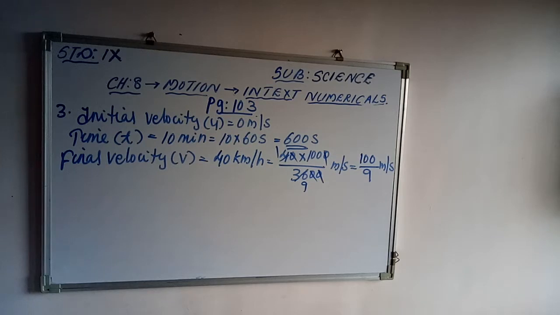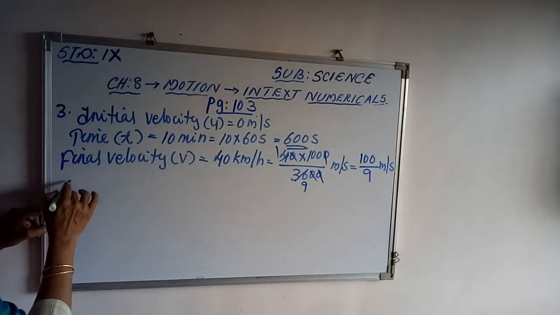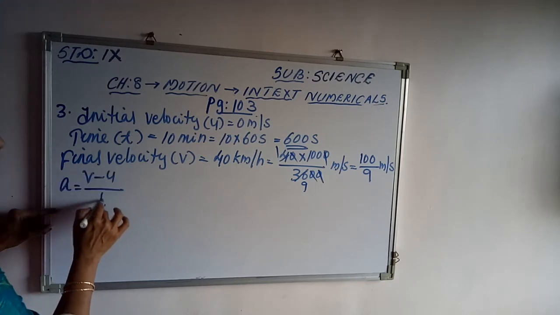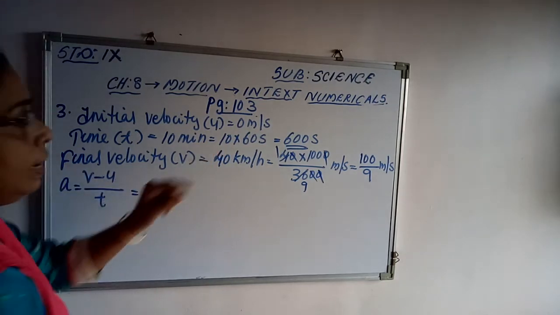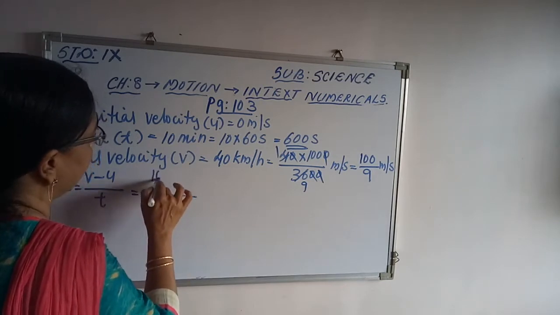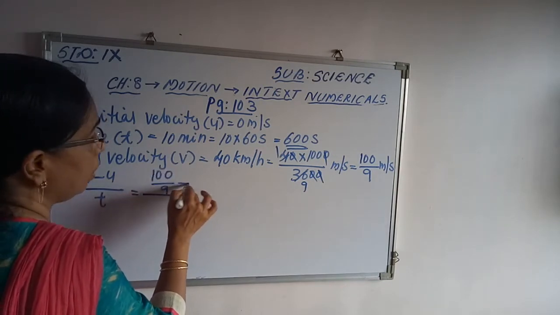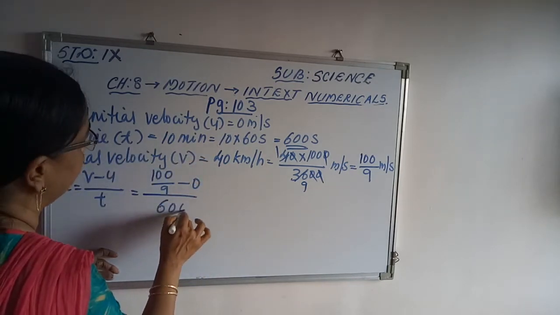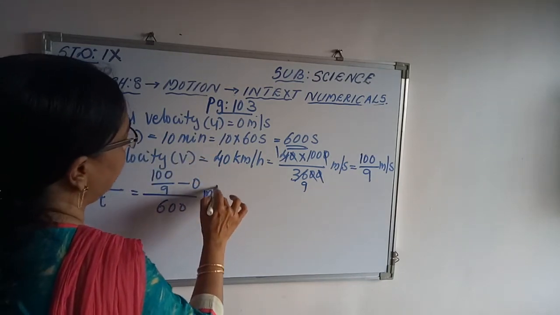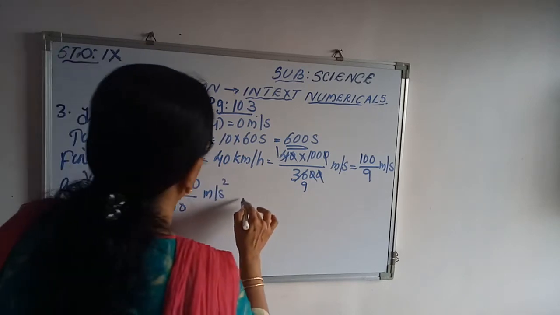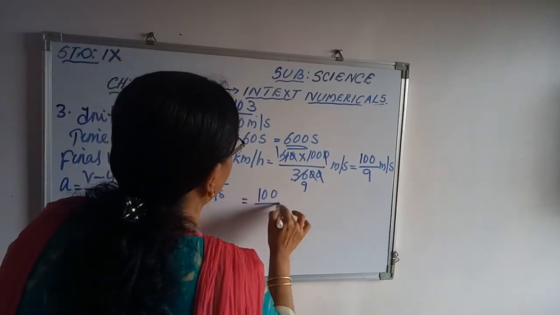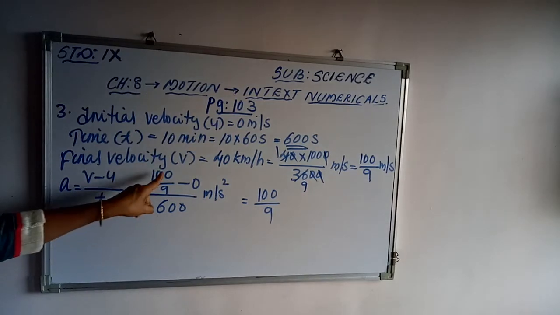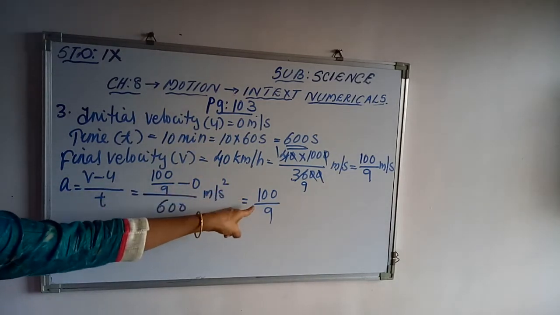So we know that how to find out acceleration. A is equal to v minus u upon t. What is v? 100 upon 9, u 0. What about t? 600 meter per second square. That's equal to 100 upon 9. See, I'm going to do it directly. Divided by 600. 100 upon 9 minus 0 means 100 upon 9.